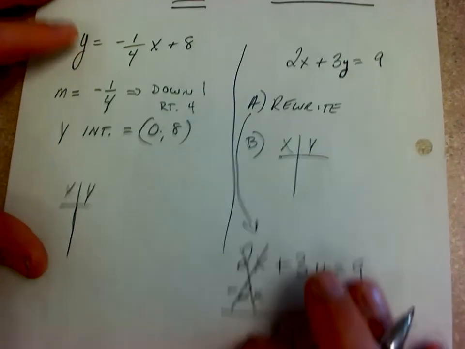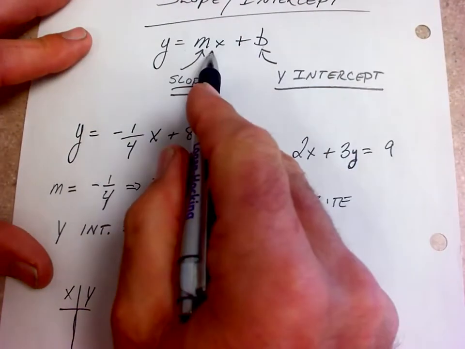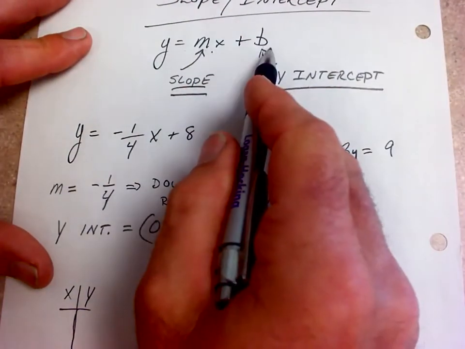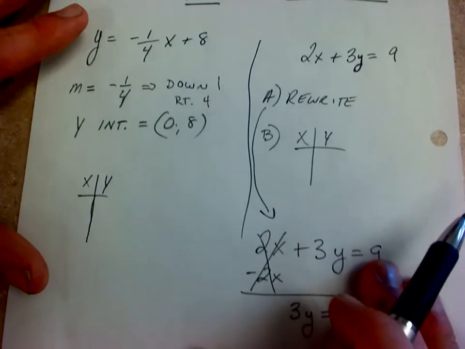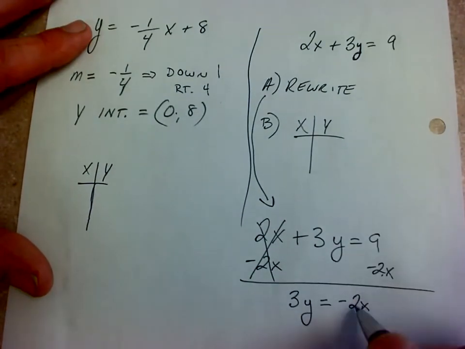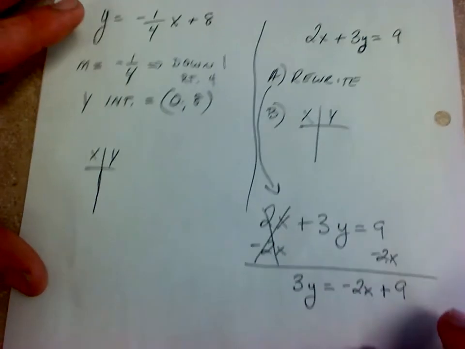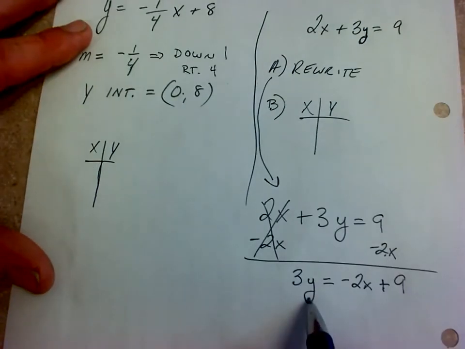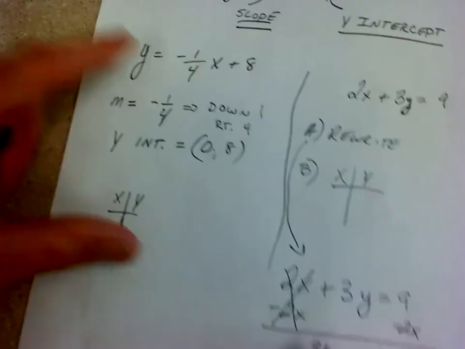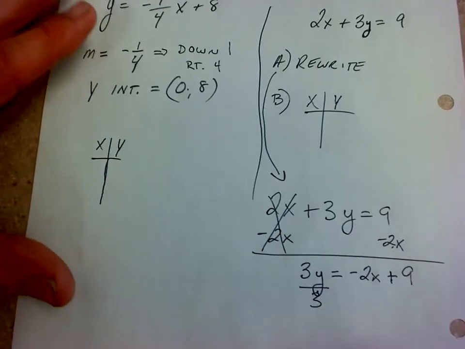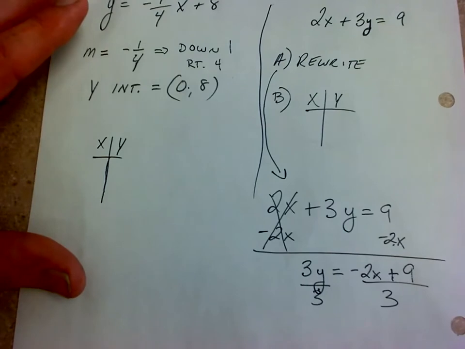But again, notice also in our general formula, the x term is first, then our constant is going to be second. So I'm going to put the negative 2x in the front. This is a positive 9. Okay, so I'm just going to write that in this form. We can't combine these, so we have to keep them separate. The last thing I would need to do here, so that my y is all by itself, is divide by 3. Divide everything by 3.